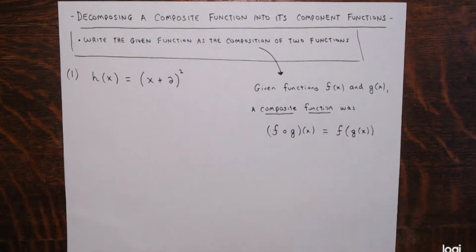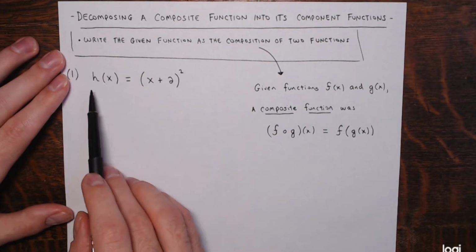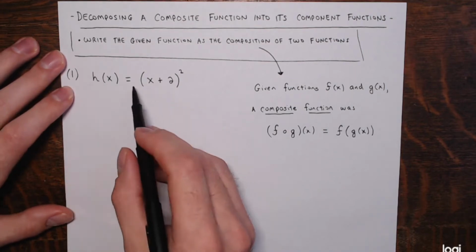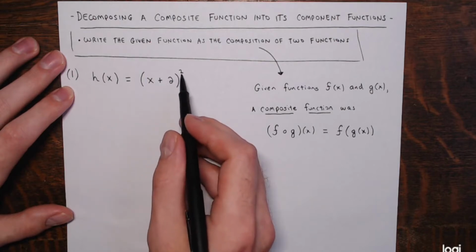So all we're asked to do is look at our functions h. Say number one here, I have h of x equals the quantity x plus 2 squared.